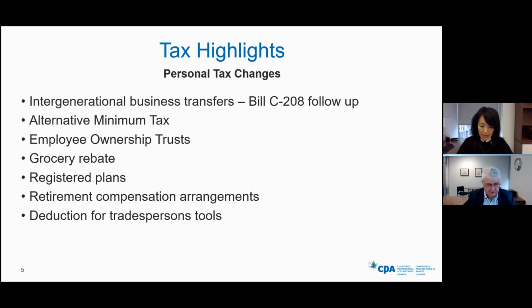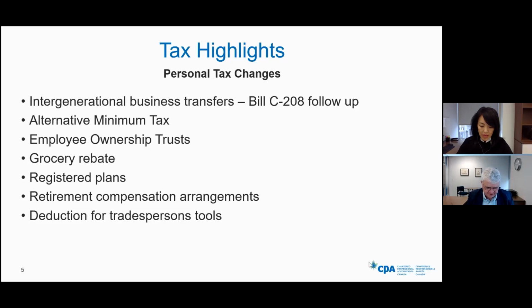A few other things, there was an increase to the GST credit for the grocery rebate, as it was referred to in the budget, so they've upped that amount. There were some changes to registered plans, so really almost more technical changes, I'd probably call them.